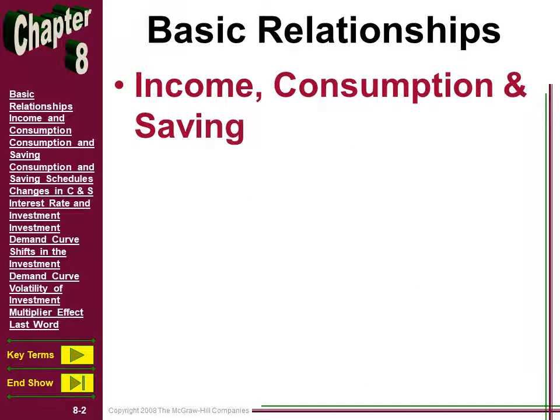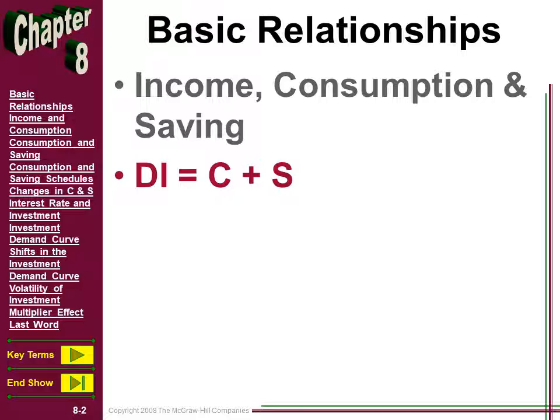John Maynard Keynes was the first one to identify definitively the relationship between disposable income and economic activity. So let's look at this basic macroeconomic relationship. After taxes, us human beings living here on planet Earth in the United States of America have two choices.